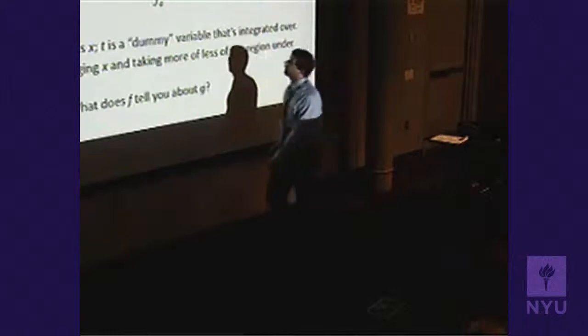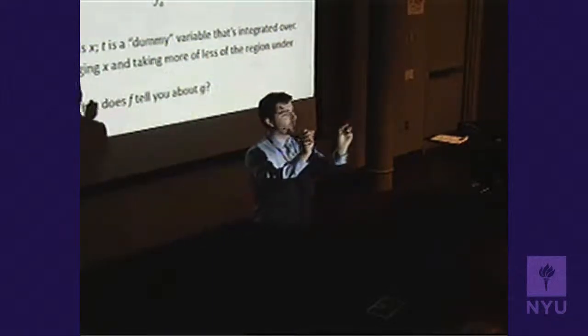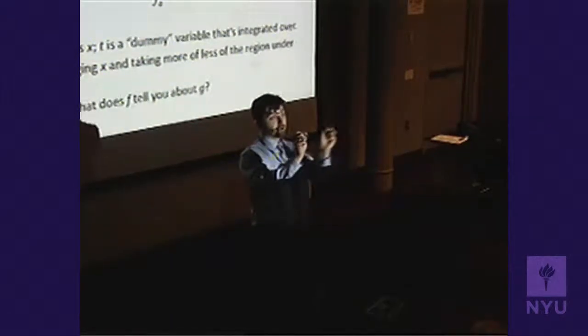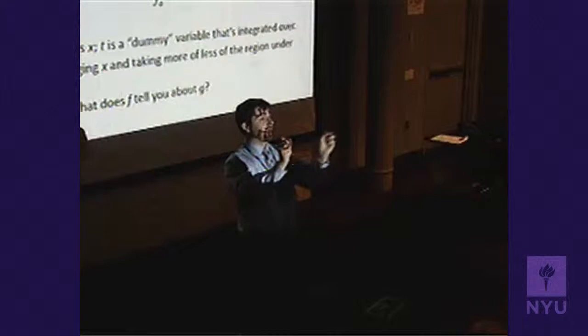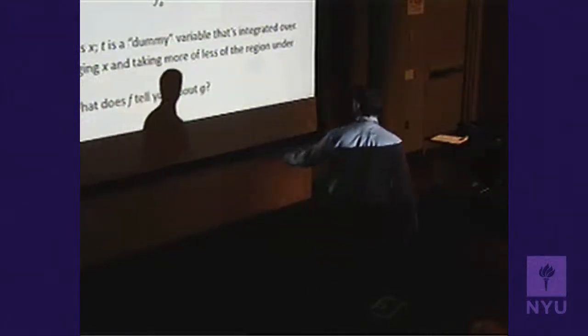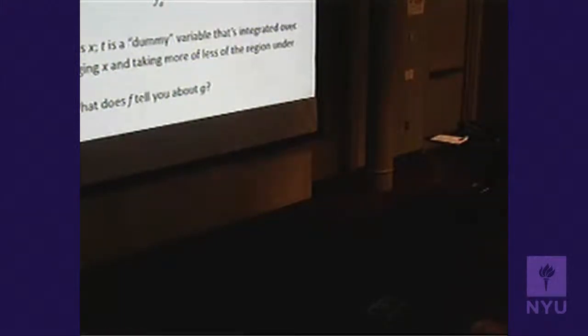All right, so you want to think about having a function and moving the right-hand endpoint of the region that you're integrating over, and thinking about the area of that region as you slide around that right-hand endpoint. And the question is, is there anything about f, the function that you're integrating, that will tell you something about g, this area function?